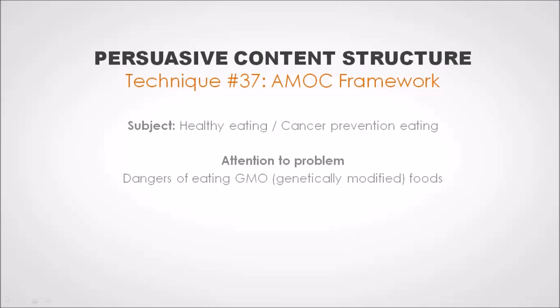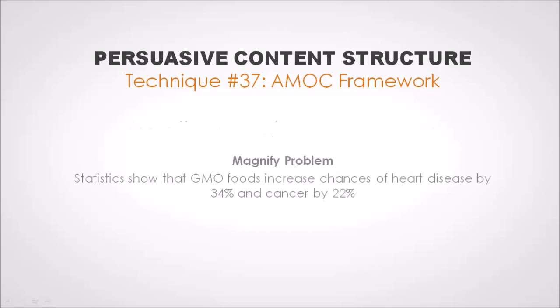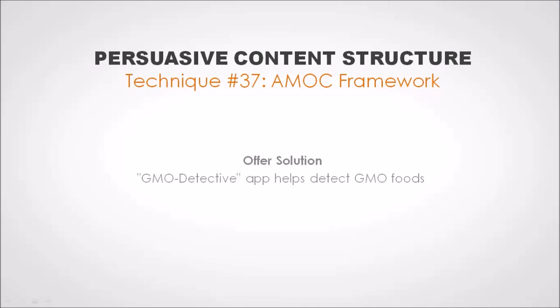First, the attention to problem, dangers of eating genetically modified foods. When we magnify the problem in step 2, it can look something like this. Statistics show that GMO foods increase chances of heart disease by 34% and cancer by 22%. And then we offer the solution for solving the problem. The GMO Detective app helps detect genetically modified foods.